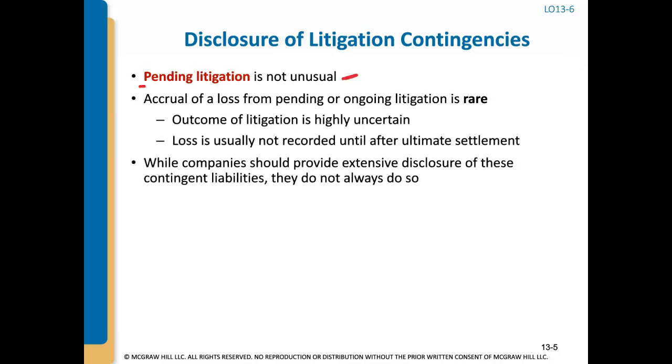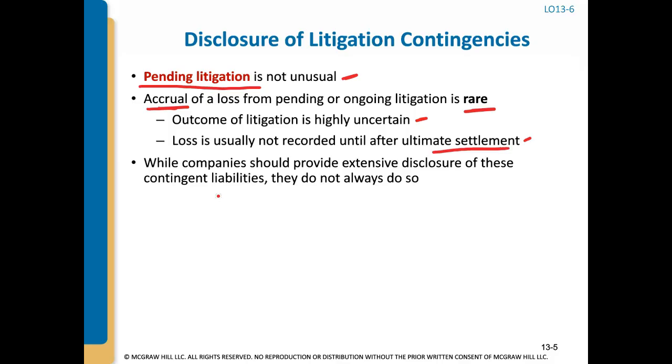Typically, when a company has a pending litigation or lawsuit, the accrual for a loss, meaning we've recorded a loss or liability, is pretty rare. That's because any outcome of litigation is usually highly uncertain, and so the loss is not recorded until after the settlement.